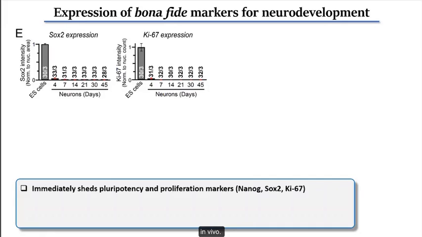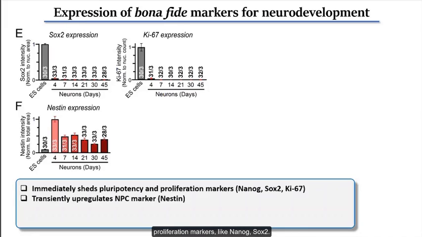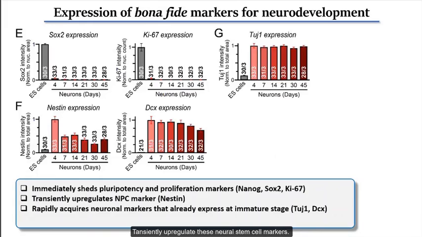As I mentioned, to summarize all the data I've shown you, immediately after your transgene expression these cells shed the pluripotency markers and proliferation markers like SOX2 and Ki67. Within 4 days, you completely shut down these pluripotency markers. They transiently upregulate the NPC markers, the neural stem cell markers, and then downregulate slightly after that stage.